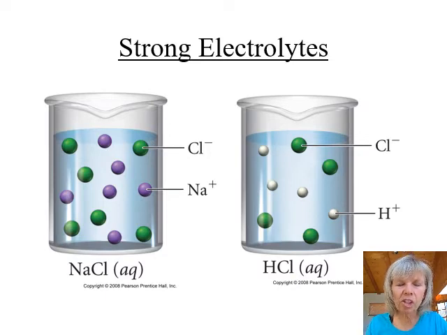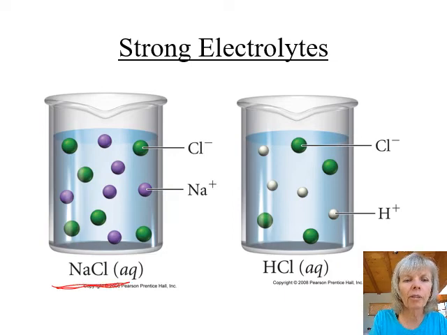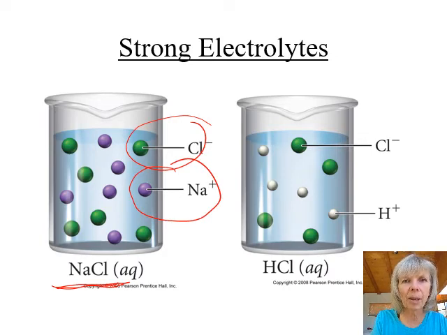This slide shows us at the molecular level what our strong electrolytes look like. We have sodium chloride on the left, a white solid salt. When we put it into water, it breaks apart into 100% ions. It's showing you that our ions are separated, so we have all these ions floating around, which makes it a strong electrolyte. Hydrochloric acid, HCl, is the one on the right.